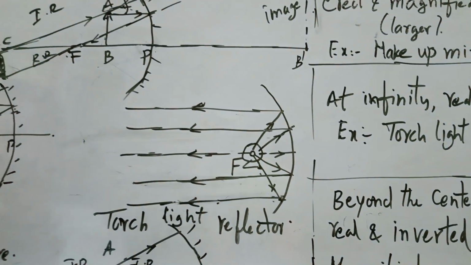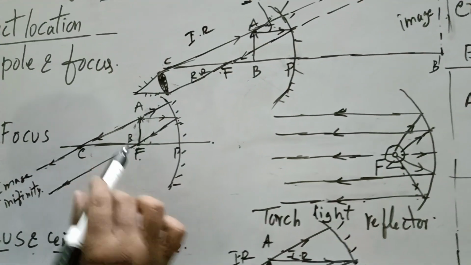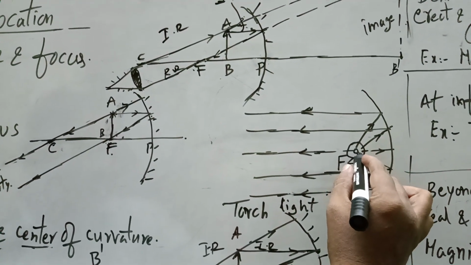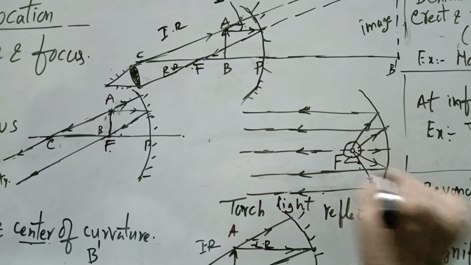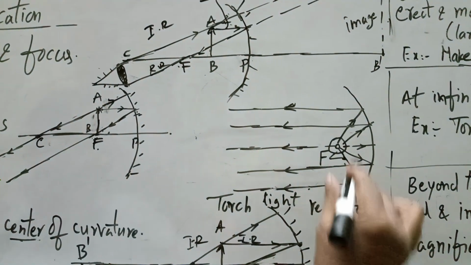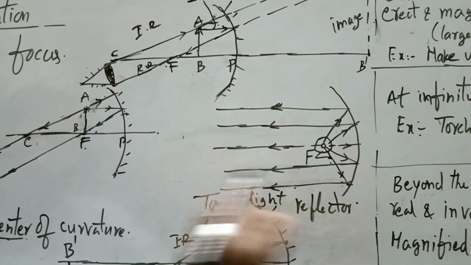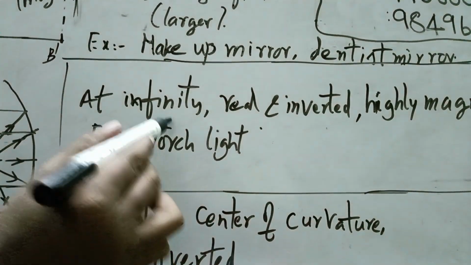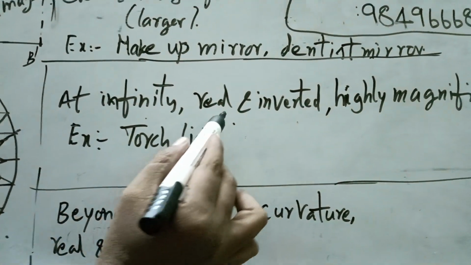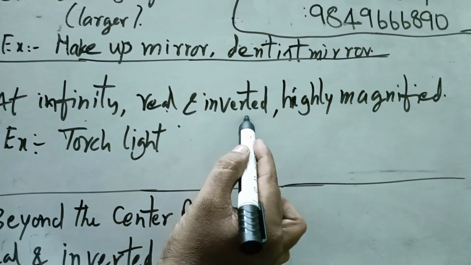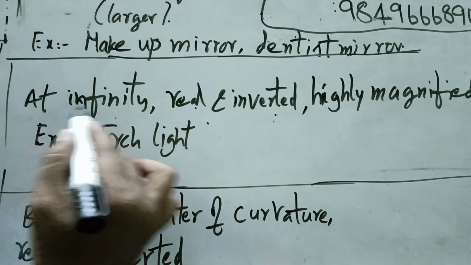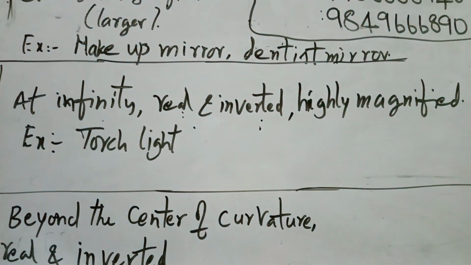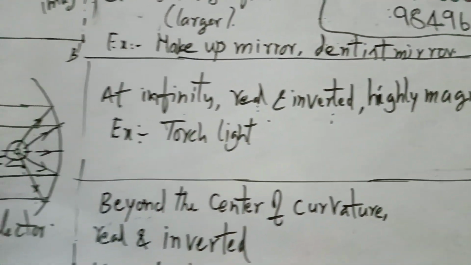So here the object is the lighted bulb, from which the rays come onto the mirror and they reflect in a parallel direction. Here we get the image at infinity, real and inverted, and it is highly magnified. Example is the torchlight.